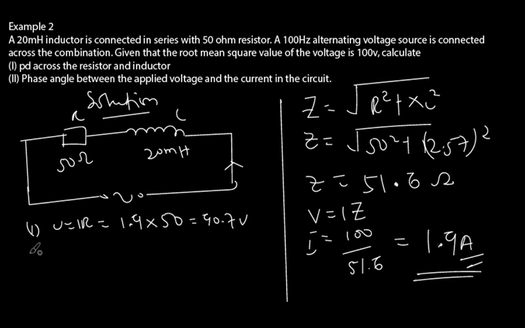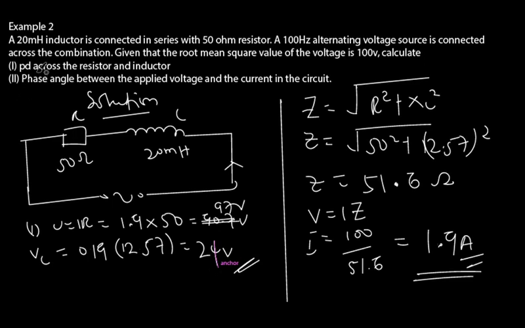So we have the second one, VL is equal to 1.9 times the 12.57 we have over here. So this will give us 24 volts. Okay, so that does the first part.